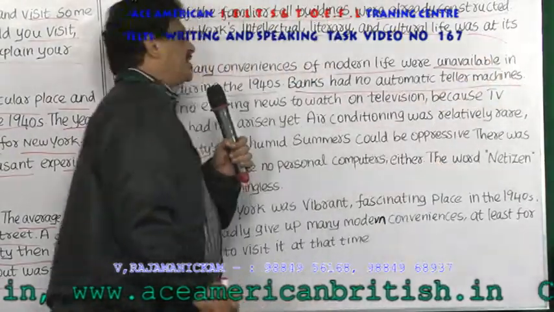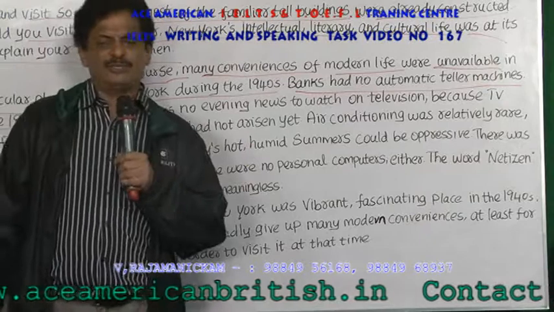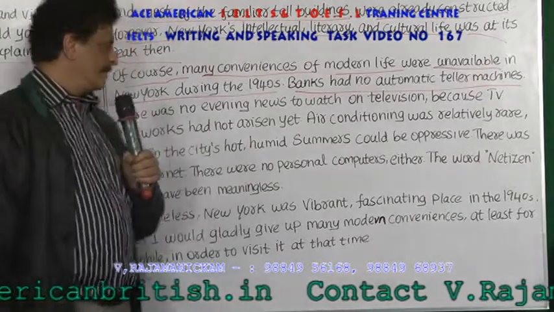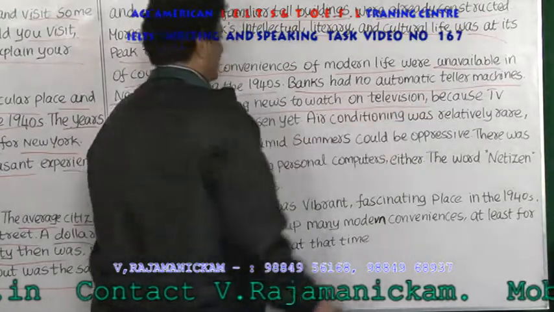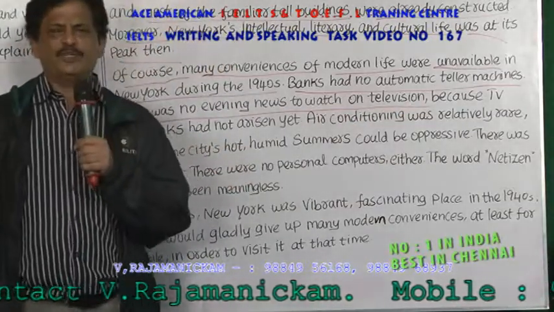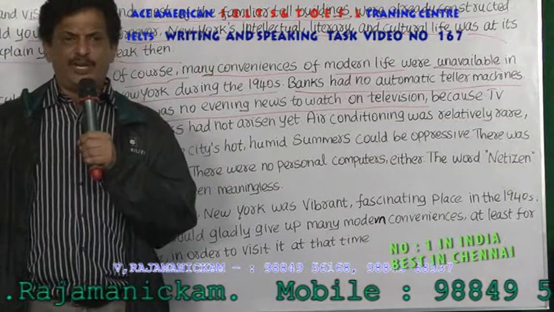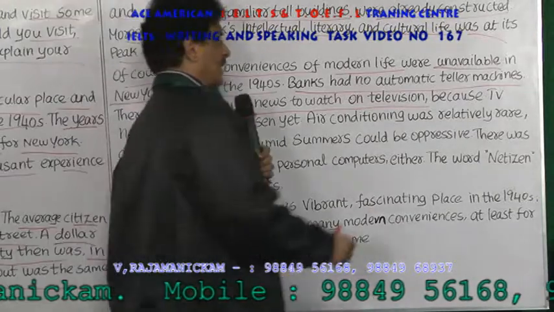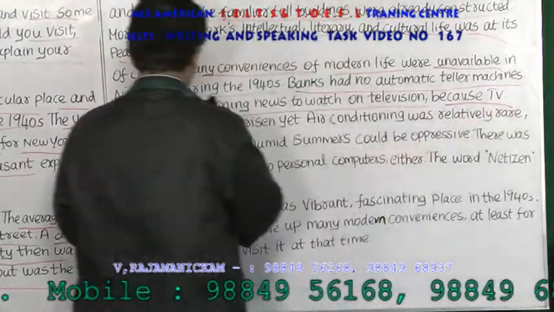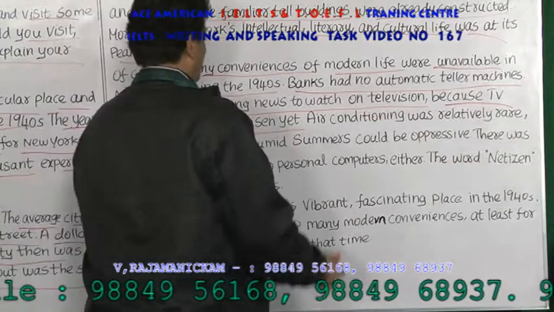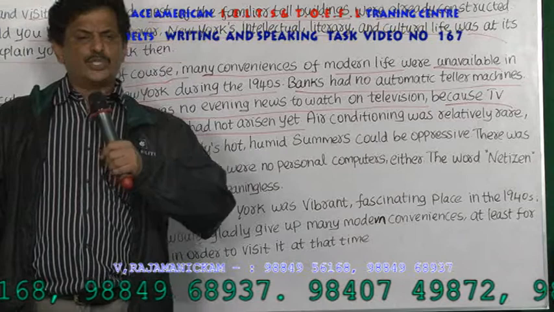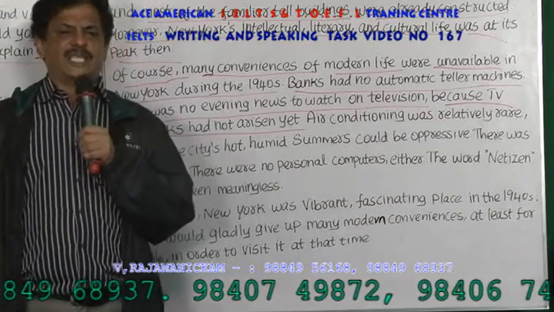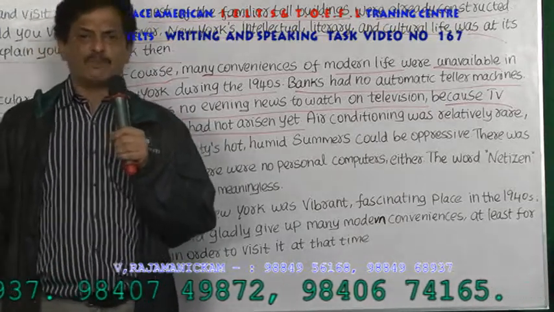There were no ATM machines in banks during the 40s and 50s. There was no evening news to watch on television, because TV networking had not risen. Of course, TV was introduced during that time, but it was not developed on a full scale. So evening news was not possible.